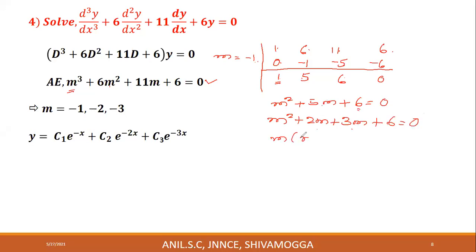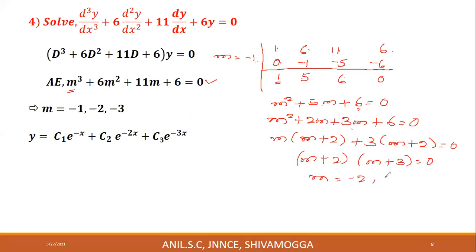What you get inside the brackets is m plus 2, plus 3 into m plus 2. This is equal to 0. We get m plus 2 into m plus 3 equal to 0. This is school mathematics. m plus 2 is equal to 0 implies m is equal to minus 2, and m plus 3 is equal to 0 implies m is equal to minus 3.